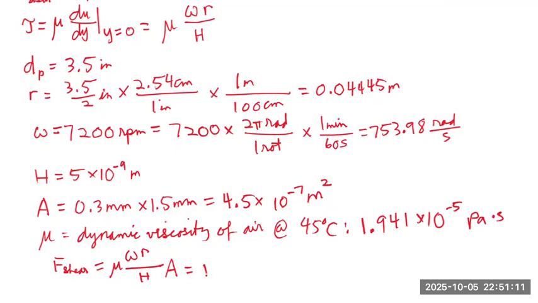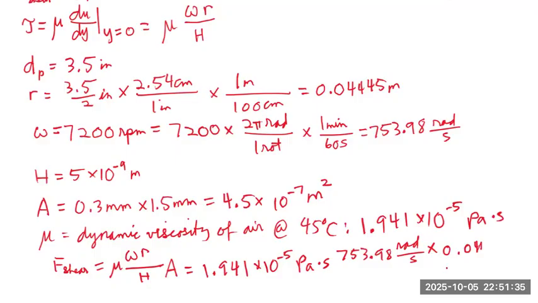Plugging in known values, we have 1.941 times 10 to the negative 5 pascal seconds, and then times rotational velocity, which is 753.98 radians per second, times 0.04445 meters, over h.